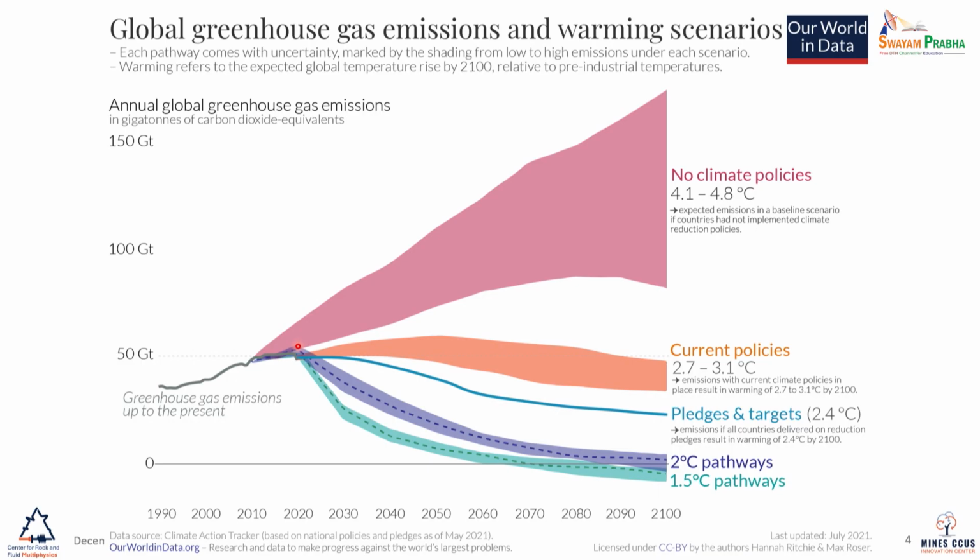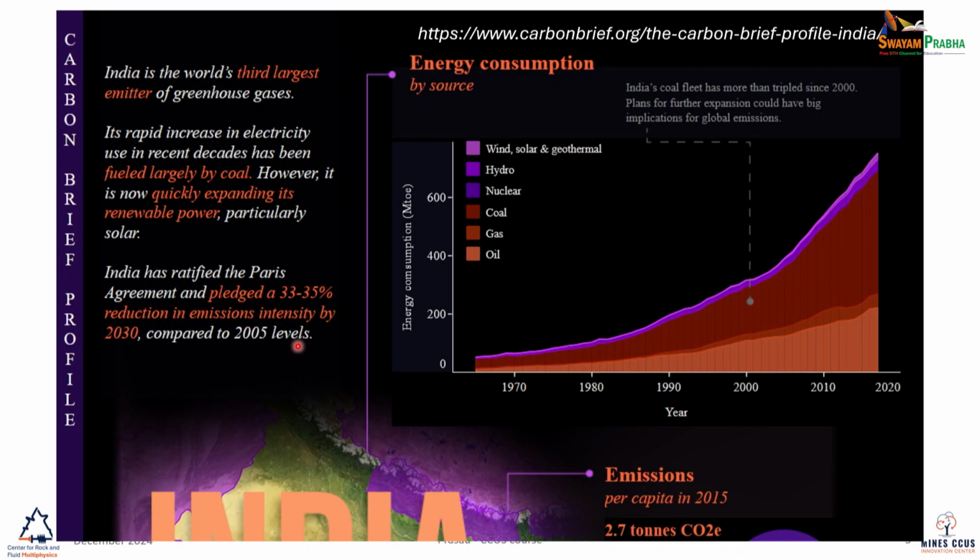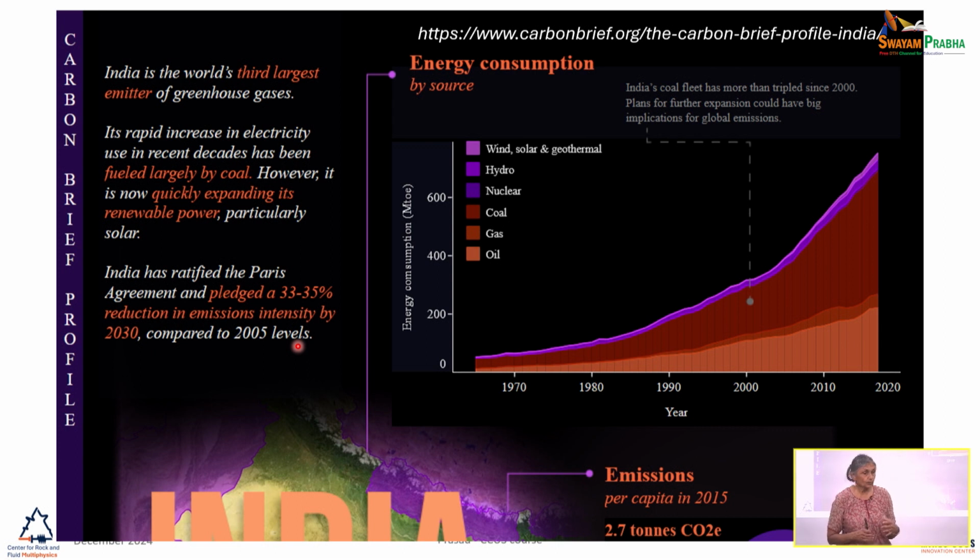Yesterday, we looked at the status, a scorecard. This is a slightly more comprehensive way of looking at things. This is from Carbon Brief, a UK-based organization, and they pull in data from their databases all around Europe.